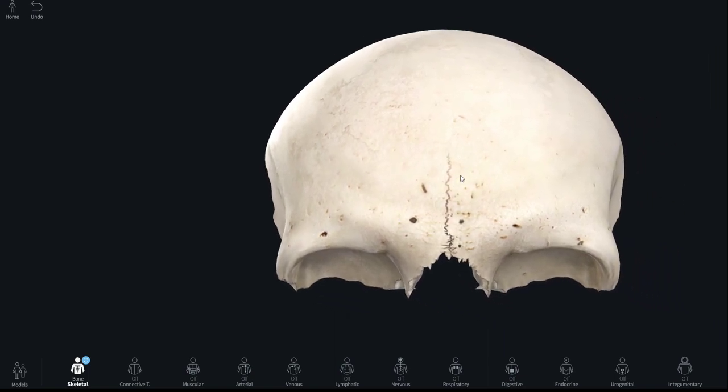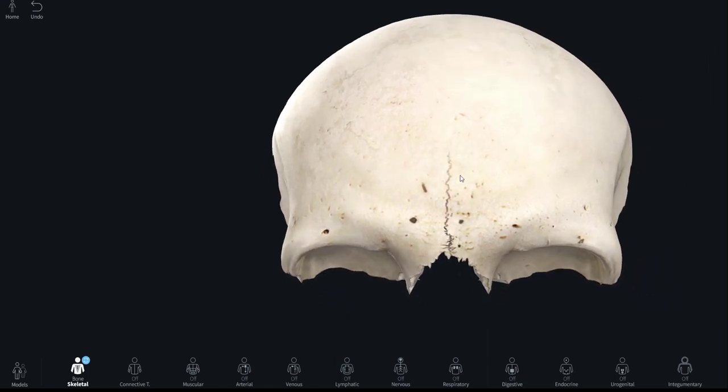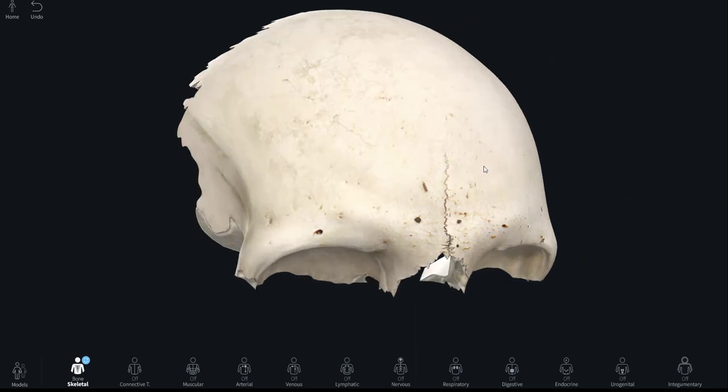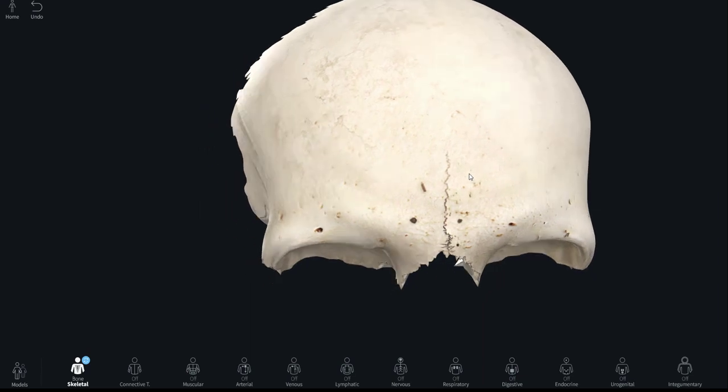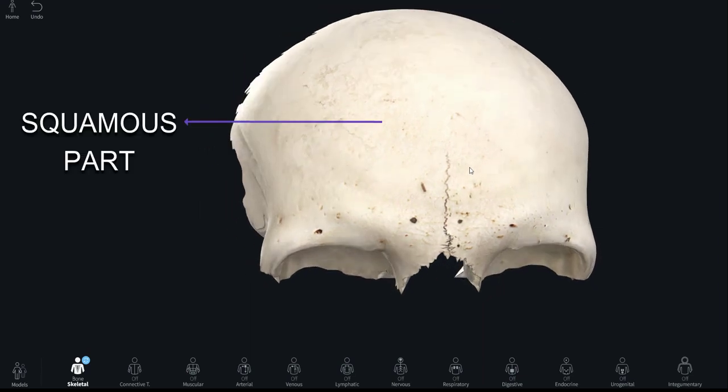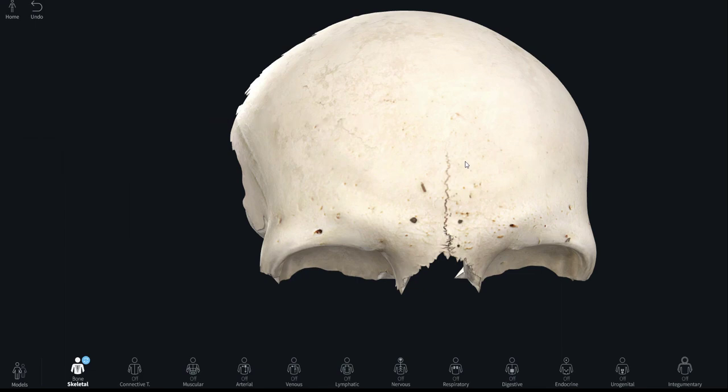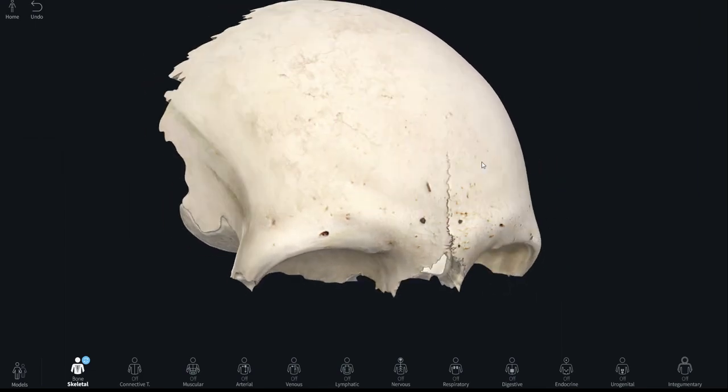So as far as the gross anatomical features of the frontal bone are concerned, it is divided into two parts. Listen to me very carefully. It is divided into two parts. One part is the squamous part, the squamous frontal bone. What part of the frontal bone is the squamous part?